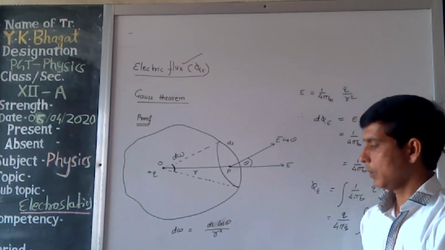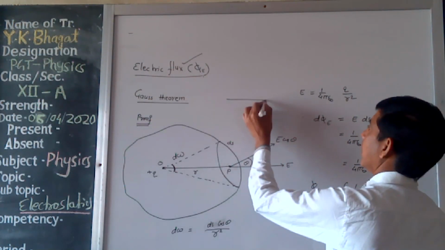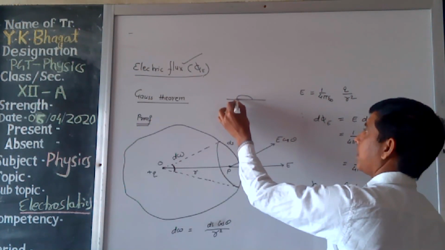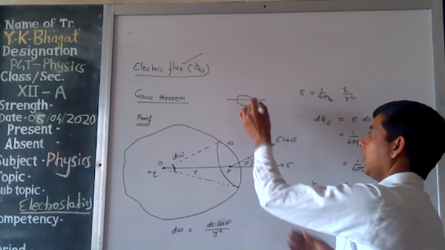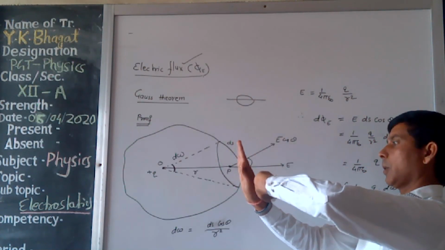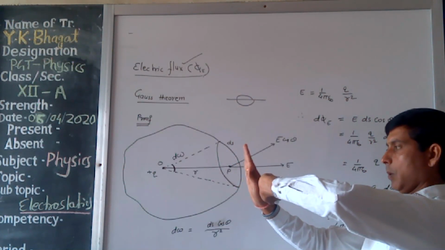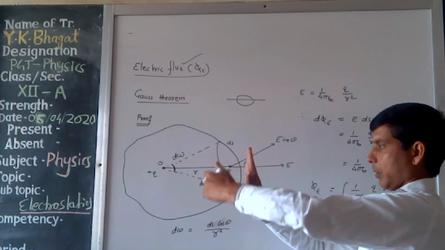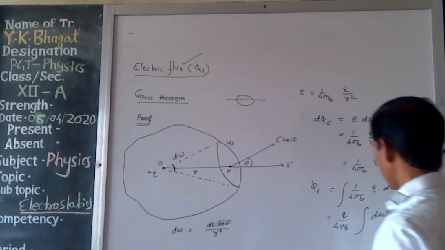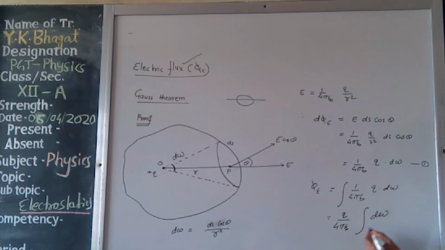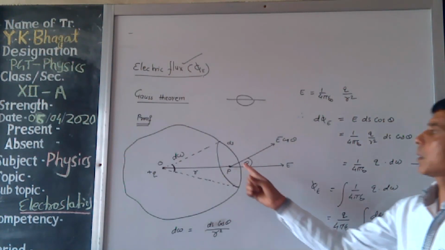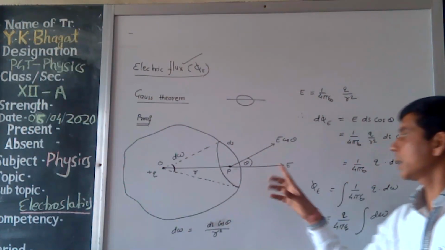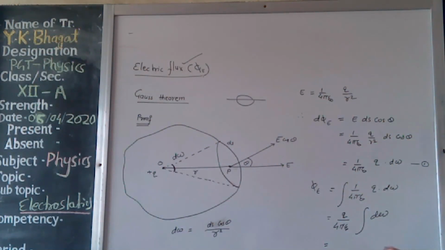Why 4 pi? In the front portion the total angle is 2 pi, and in the other portion also 2 pi. That means the integral of d omega for a complete closed sphere, a closed body, is 4 pi.